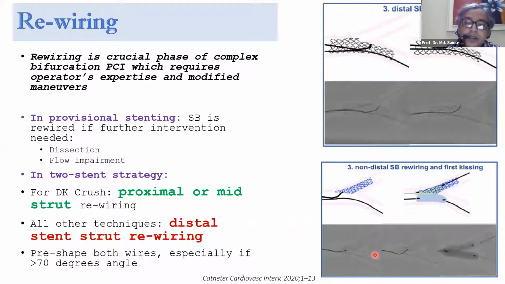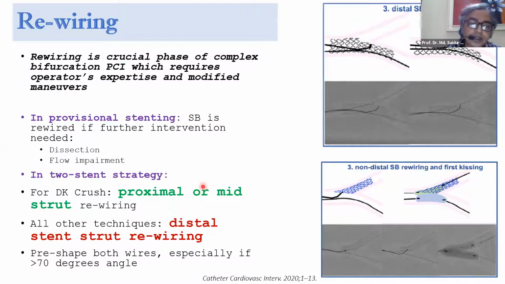And the rewiring, even in provisional or upfront two-stent strategies, is one of the most important parts of the bifurcation. And in complex cases, rewiring needs expertise and modified maneuvers also. In provisional stenting, SB rewiring is not necessary all the time, but sometimes it's necessary when we see dissections or flow impairment.